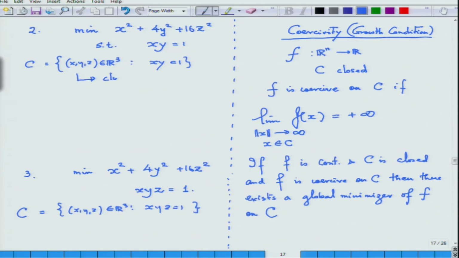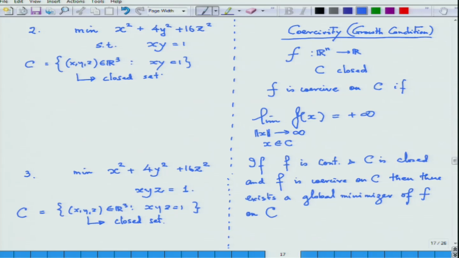I am just giving you certain hints so that you are enthused to take up your pen and paper and solve these problems.